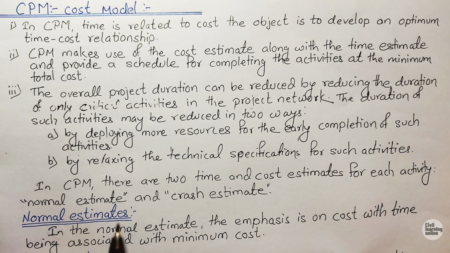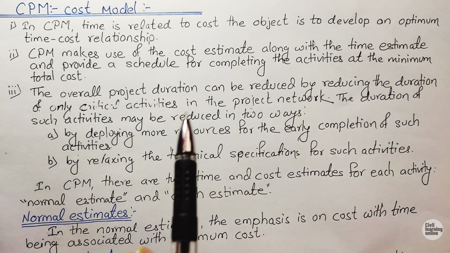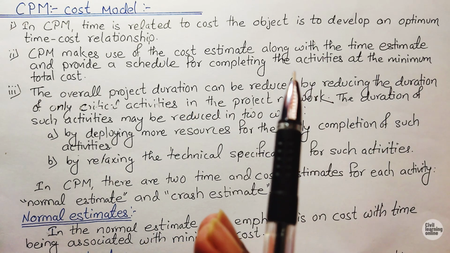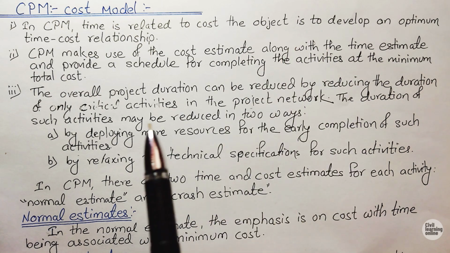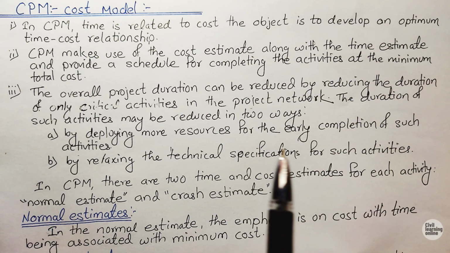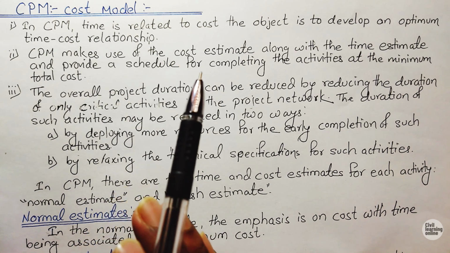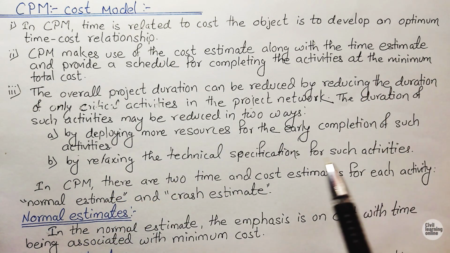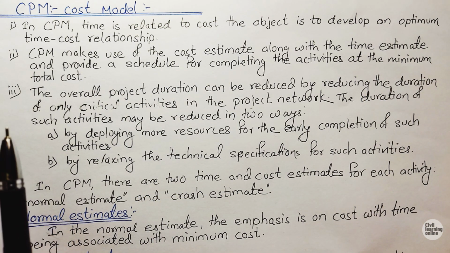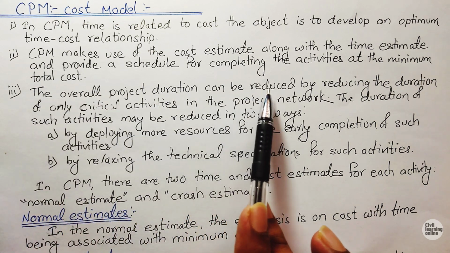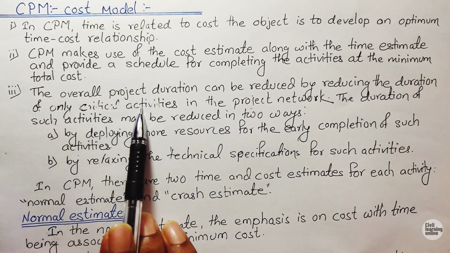So now here comes how the project duration can be minimized, so that the surplus amount of time can be utilized for generating more profit, or the extra time can be used for carrying out some other projects. So here are the methods. The overall project duration can be reduced by reducing the duration of only critical activities.